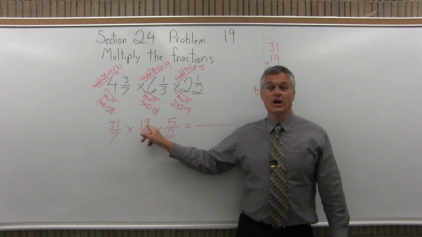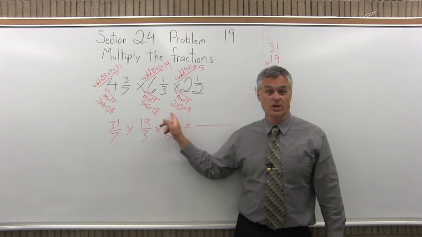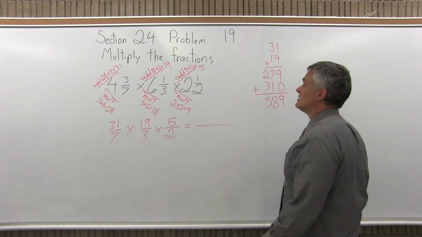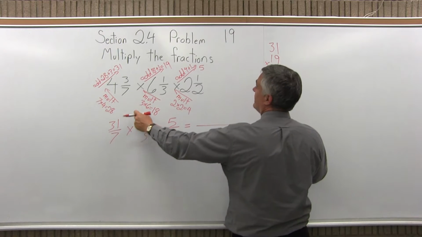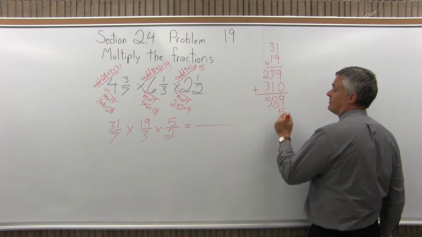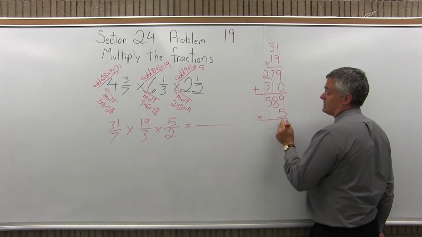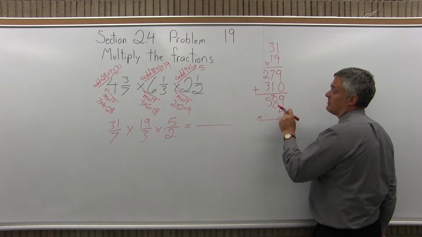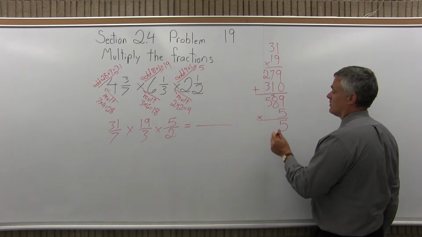Now don't forget, I'm not done yet. I still have to multiply that result times 5, right? I have to multiply all the way across, top times top times top, because there's 3 fractions. So take the 589 that I got by multiplying 31 times 19 and multiply that times 5. So just leave the 589 here. Underneath it, I'll go times 5. So 5 times 9 is 45. Write the 5, carry the 4 to the top of the next column. 5 times 8 is 40, plus the 4 more that we carried. 40 plus 4 more is 44.